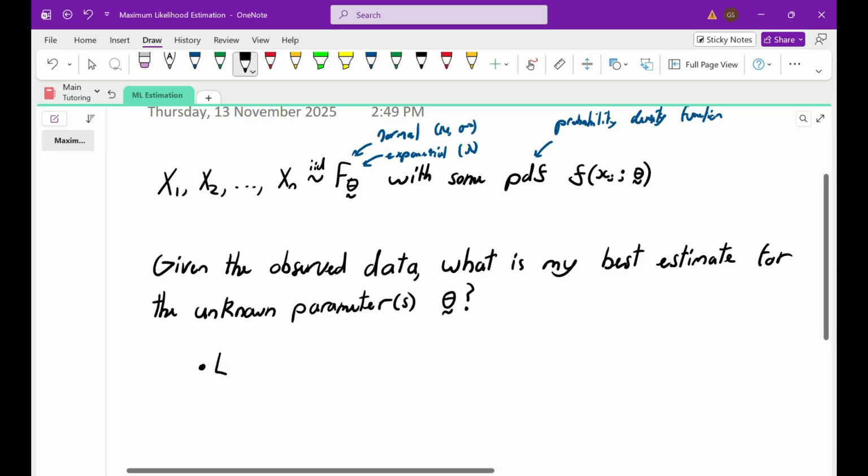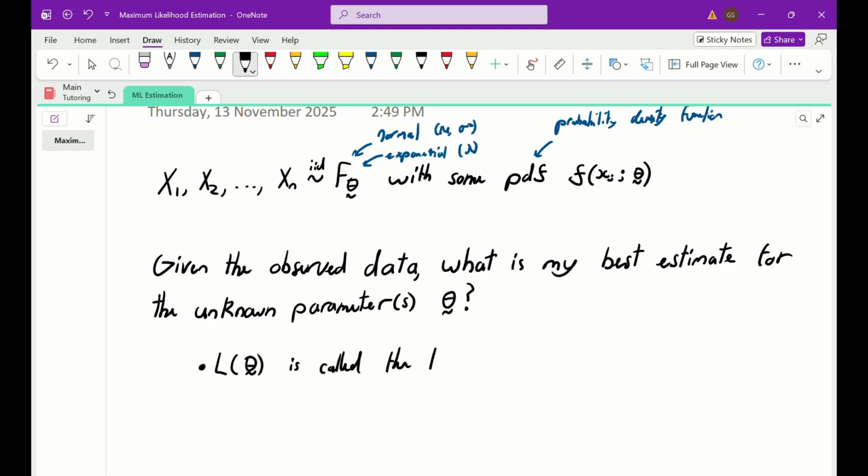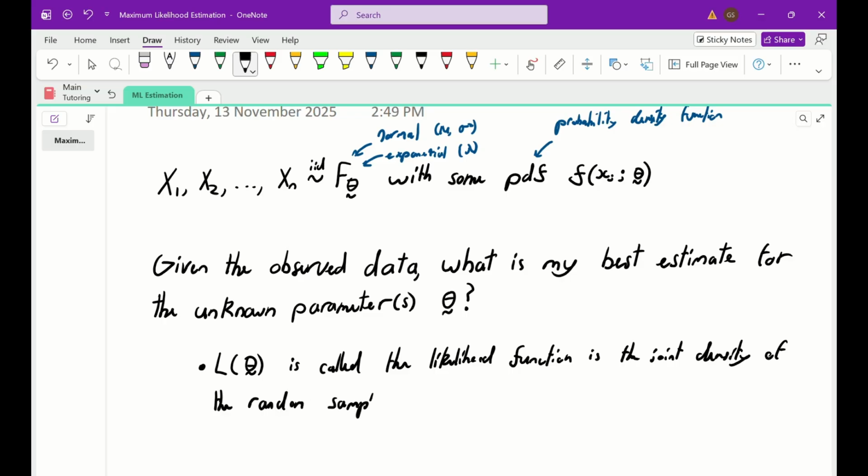The likelihood function is denoted L of theta, and it's just equal to the joint density of the random sample, the random sample x1 through to xn, but it's treated as a function of the parameters.